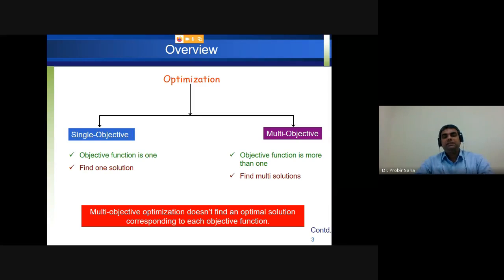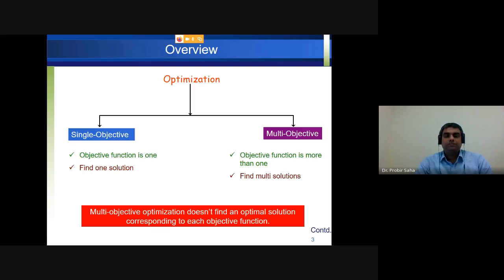Now, most optimization problems are either single objective or multi-objective. In a single objective problem, the objective function is definitely 1, and in a multi-objective problem, the objective functions are definitely more than 1. In single objective, generally we obtain one solution, and in multi-objective, we get multiple solutions. That is a very important aspect. In a multi-objective optimization problem, we get multiple solutions.